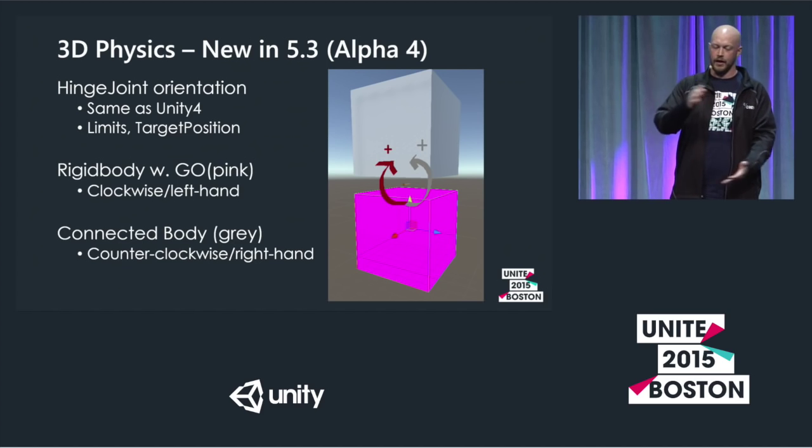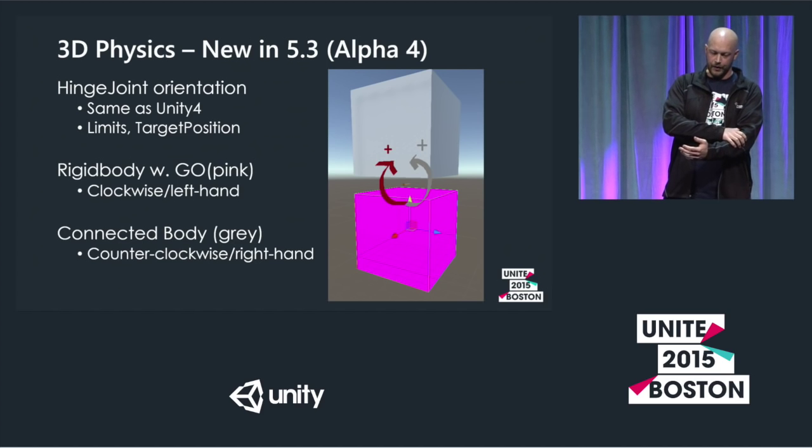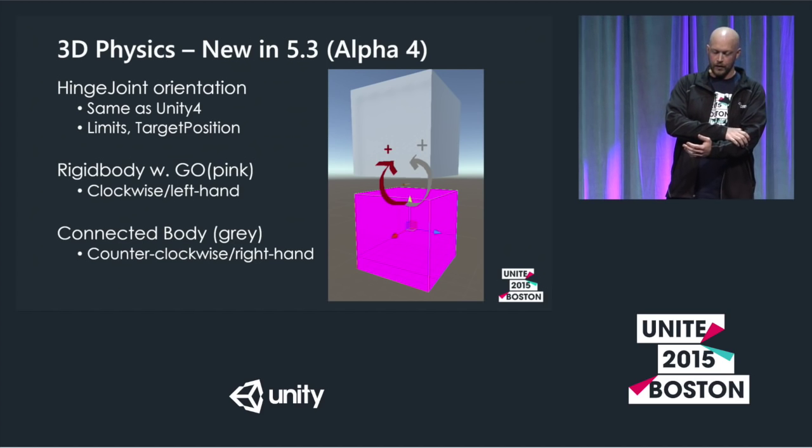And the other way around, on the connected body of the hinge joint, the gray one, it will go counterclockwise. So if you make the pink body kinematic, and you let the gray body be movable by the hinge joint, then it will see everything as being counterclockwise. So it'll be opposite of each other, but it'll be consistent now.